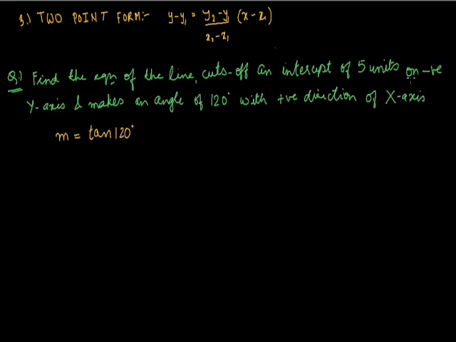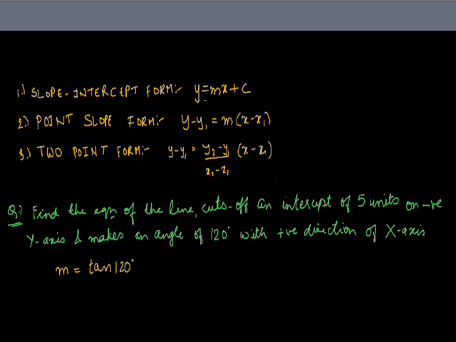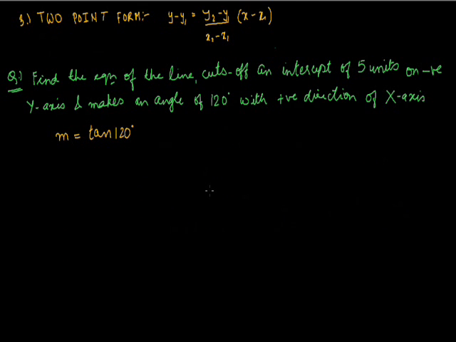So we came to a conclusion that over here the equation of the line which would be of use is this slope-intercept form. Since we are provided the angle which the line makes, we can find out the slope from this angle, and we are already provided the value of c, that is 5 units, which it makes on the negative y-axis.